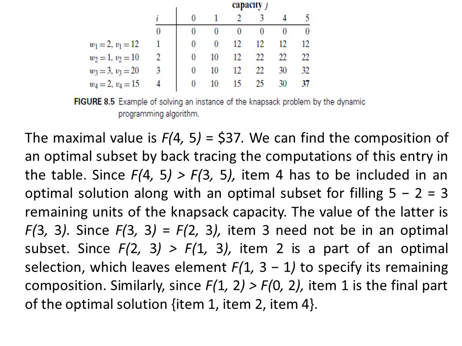We check the column number, here the column number is 5. In the same column you trace back, so f of 4, 5 and check f of 3, 5. f of 4, 5 is 37, f of 3, 5 is 32. So 37 is greater than 32, so item 4 is included into the knapsack.